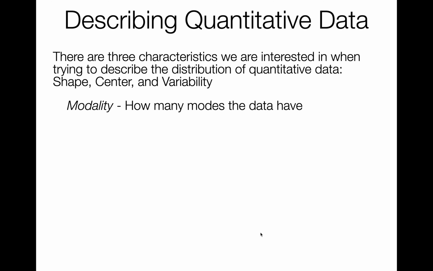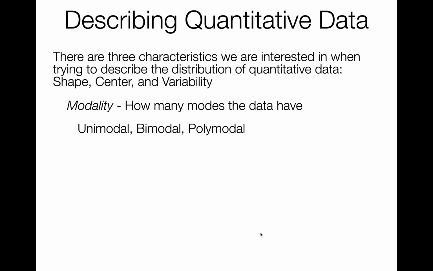A mode is what occurs most often. In a plot of the data, you'd see that as a hump, or there are many different names for it. It's the most frequent occurrence.